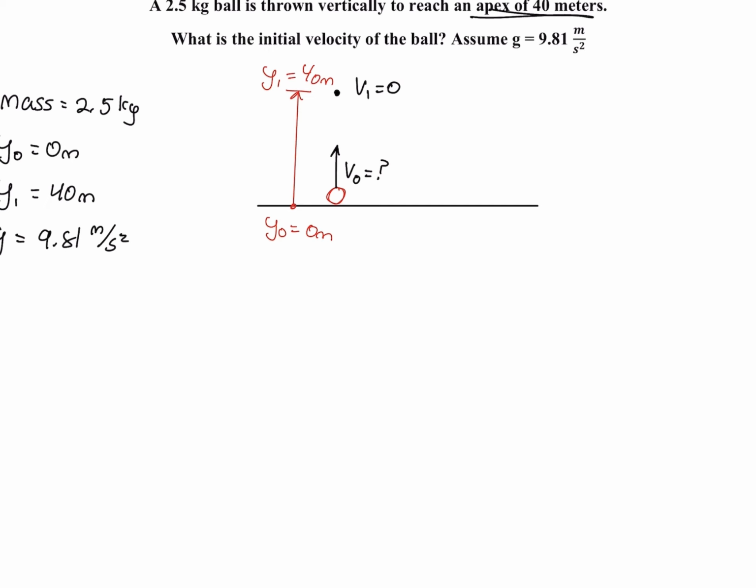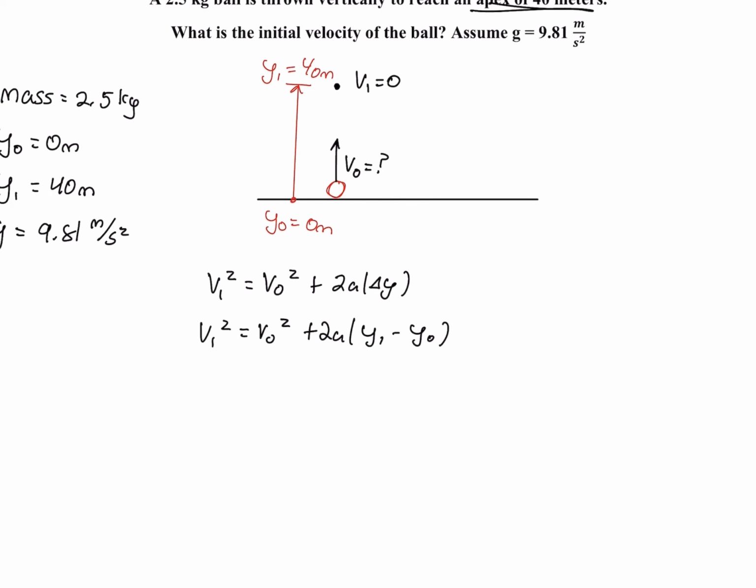So the equation I'm going to use for this is v1 squared equals v0 squared plus 2a times delta y. And I'm going to sub in for delta y here. v1 squared equals v0 squared plus 2a times y1 minus y0, because this is our change in height.